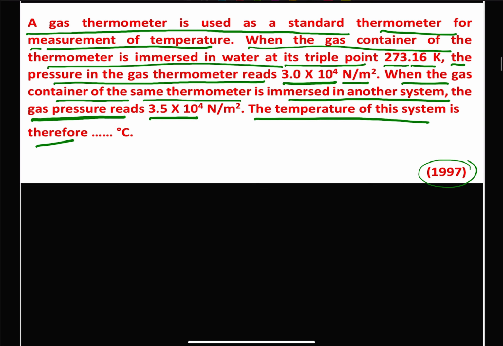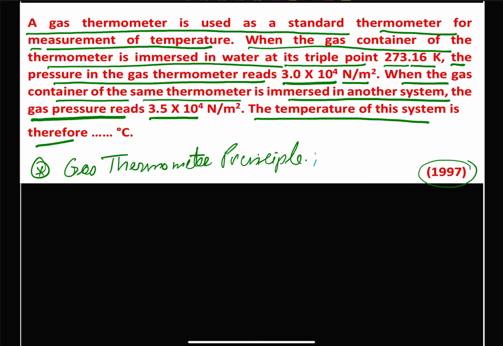So we can say our gas thermometer principle, for volume as constant, we can write that our pressure is directly proportional to temperature.